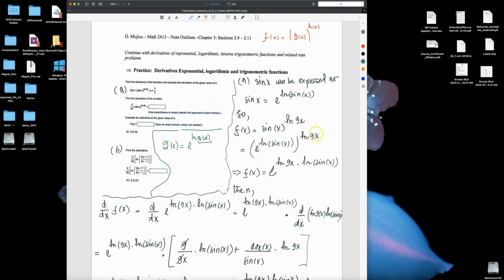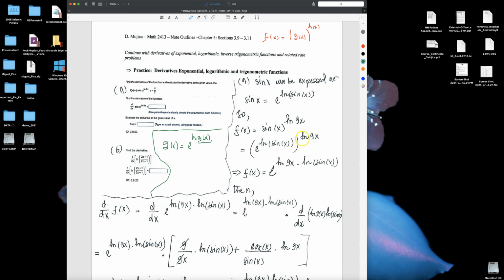Now we need to use properties of powers. We have a power, which is this one, because we have the exponential of something here. So we have a power raised to another power. What do we do when we have a power to a power? We keep the base and we multiply the exponents.